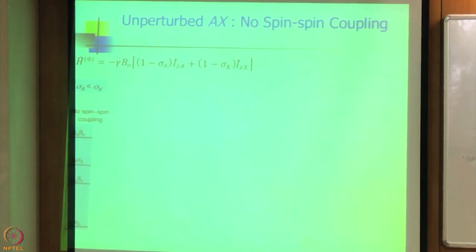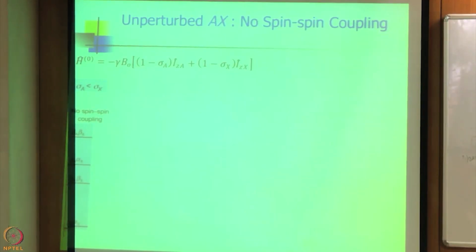One Iz will be in terms of A, another Iz will be in terms of your capital X. So this is my Hamiltonian, gamma B0 is common, and then I have 1 minus sigma A IzA plus 1 minus sigma x IzX. Here we have accounted for the fact that sigma A and sigma x are different from each other, and as you have said correctly, sigma A is greater than or lesser than sigma x? Yes, lesser than sigma x.